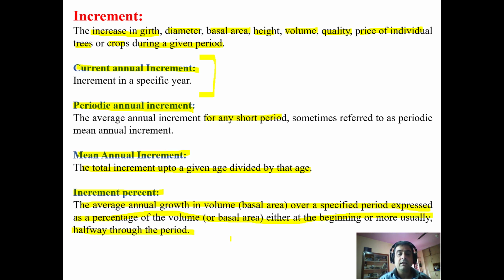This is the definition of annual increment percent. Like, we get the increment x over volume, which has to be an average, so (v1 plus v2) upon 2, into 100. This will give you the percentage, just like the normal percentage as we do in any mathematical calculations.